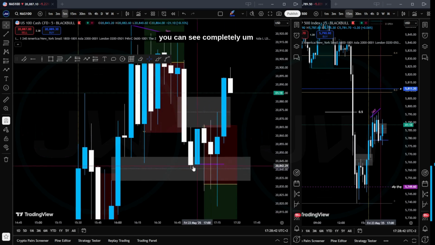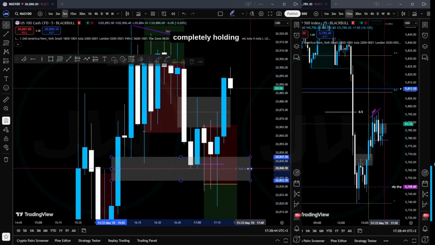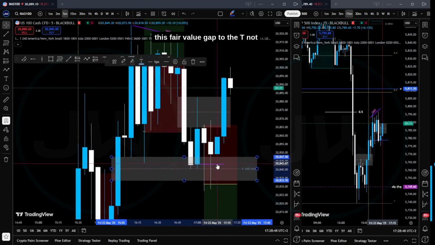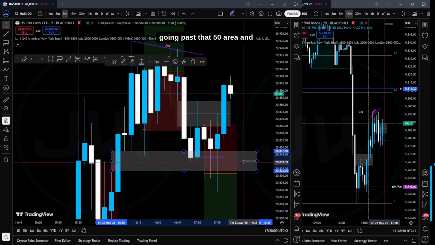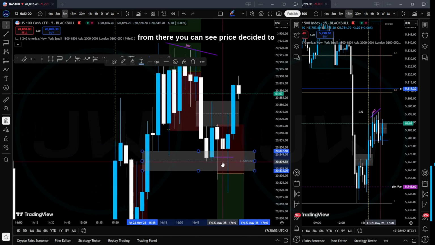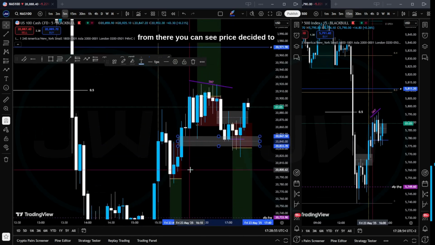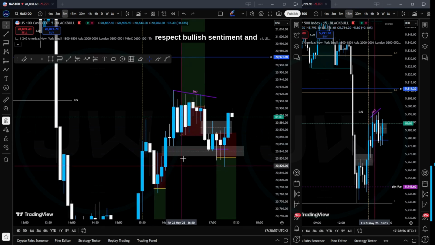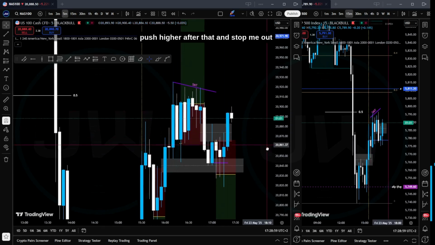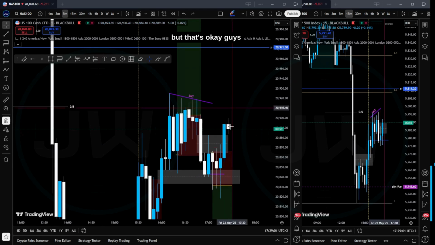You can see it completely holding this fair value gap to the T, not going past that 50% area. And from there you can see price decided to respect bullish sentiment and push higher after that and stop me out. But that's okay, guys.